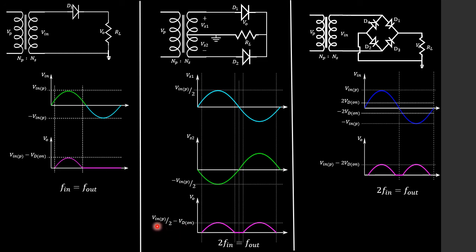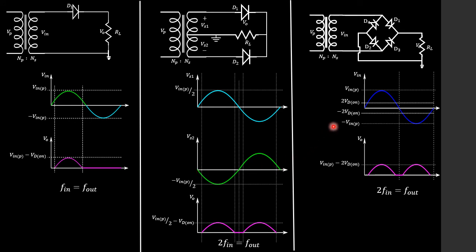And because we have this divide by 2, we know that we're not going to get much voltage across our output, so not much power is going to be going through this full wave center tapped rectifier circuit. Although the frequency of the output is equal to 2 times the frequency of the input, as we see this circuit repeats twice during one cycle of the input.